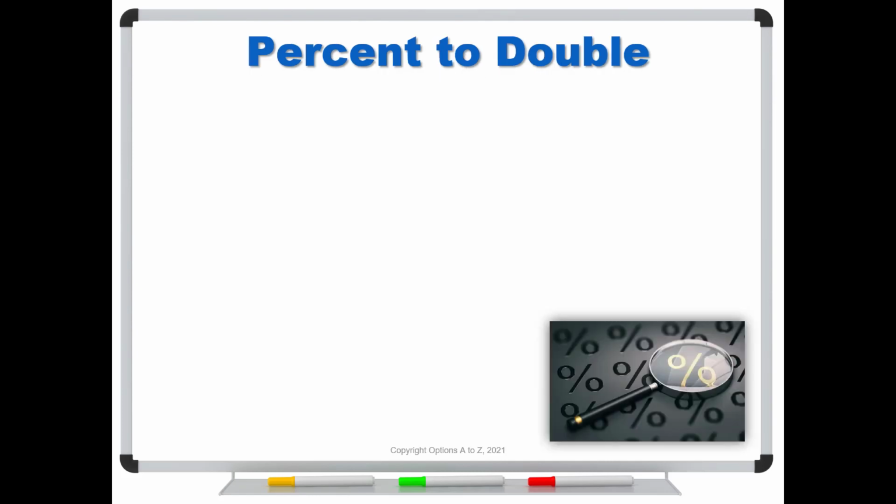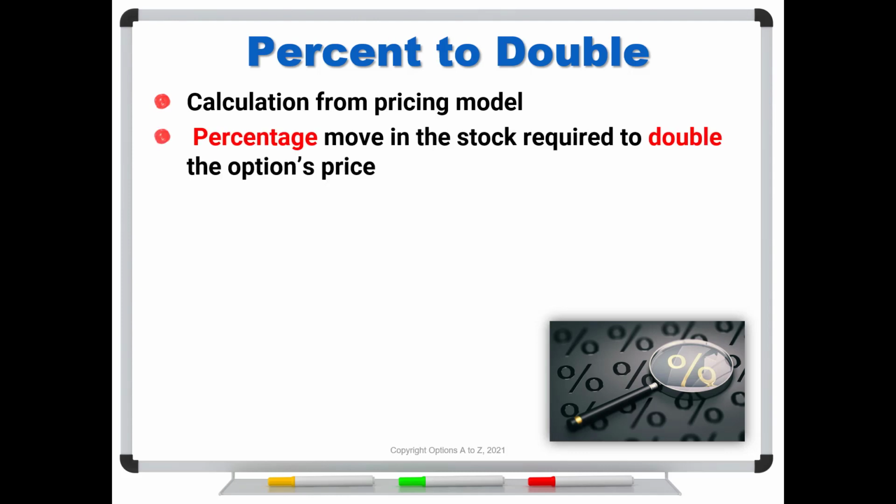Well, the percent to double is very simply a calculation from a pricing model. What it shows is the percentage move in the stock that's required to double the option's price. So, for instance, let's say that the stock is currently trading for $100. We put in an option pricing model and it says that this $100 call should be trading for 2.